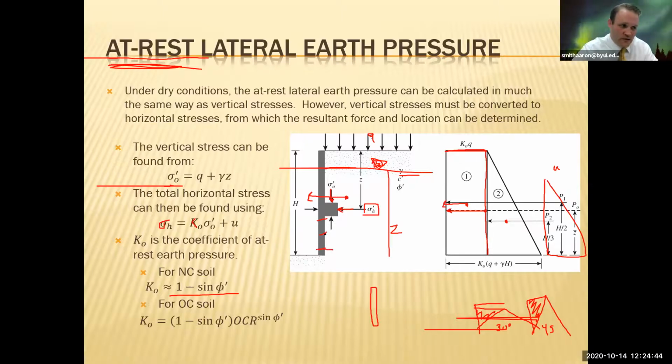A weep hole is essentially just a drain for your wall. Sometimes they even put really coarse gravel about 3 feet behind these walls, especially when you design MSE walls, and we'll talk about that later. You're required to put a high-draining permeable material behind most walls, so that if you ever get water in there, it will drain out immediately and won't add that huge hydrostatic pressure trying to topple your wall over. So, good question.